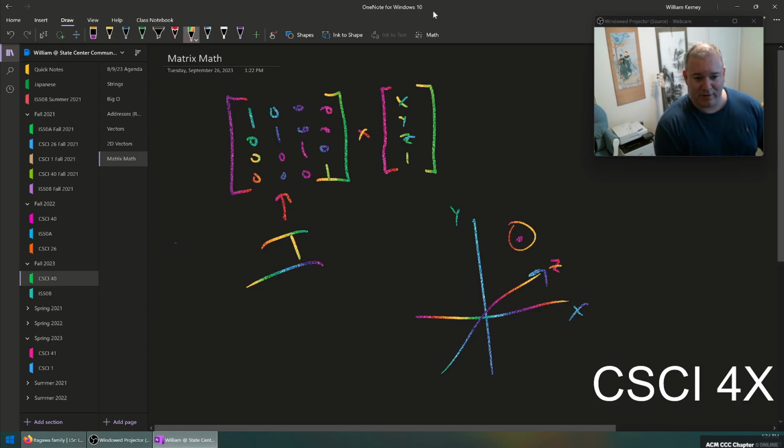A 4x4 matrix is used to manipulate points in space. Every time you are in Unreal Engine and you rotate something, you scale something, you translate something, what you're doing is you are just messing with the values in a single 4x4 matrix.